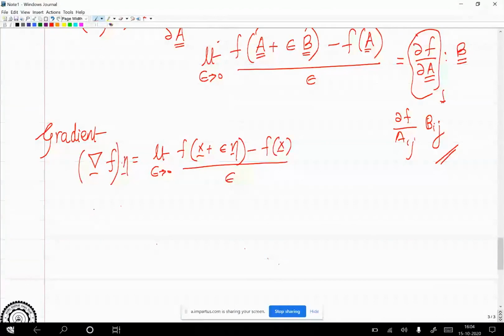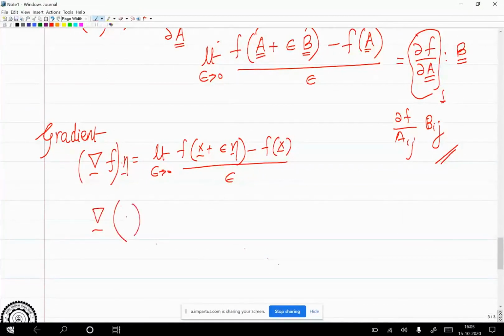And you can do the gradient of a second, third, fourth, any order tensor. The way it is defined is the following. You take the gradient of anything here: del of the thing which is here with respect to del xi, tensor product ei.